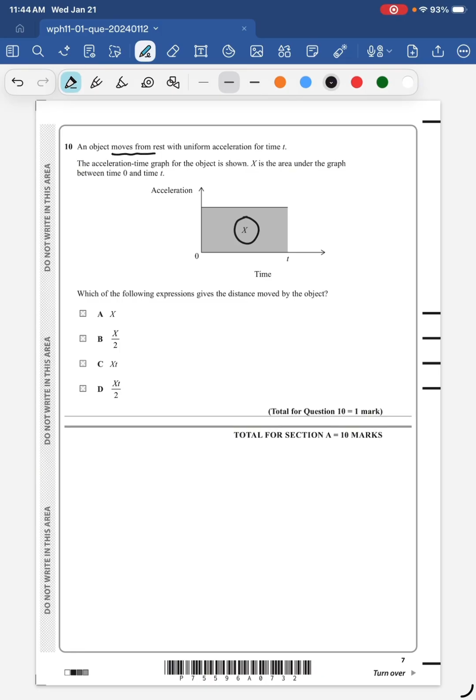The area under the curve in an acceleration time graph represents the change in velocity, right? So x is delta v, and delta v is the final velocity v minus the initial velocity u, but the initial velocity is 0. So x is just the final velocity v. And we need to find the distance moved by the object.